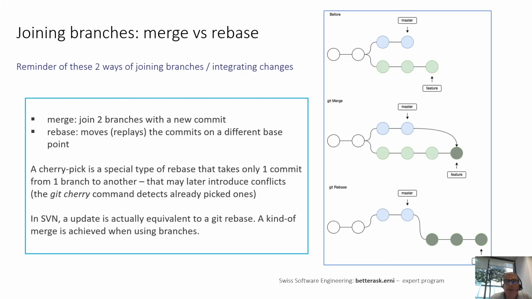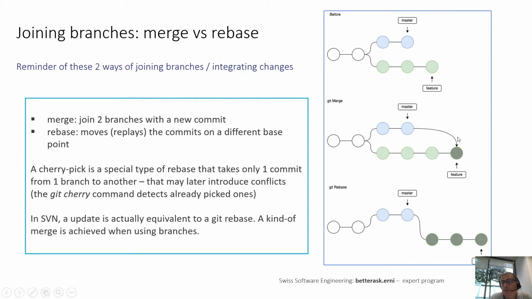If you see this graphic here, we have the master branch, which has diverged and is continuing to have commits on it, and then we have the feature branch, which also has some changes, and we want to join them. We have two ways of doing it. With the merge, we create a new commit.